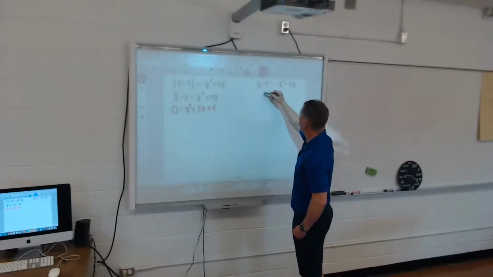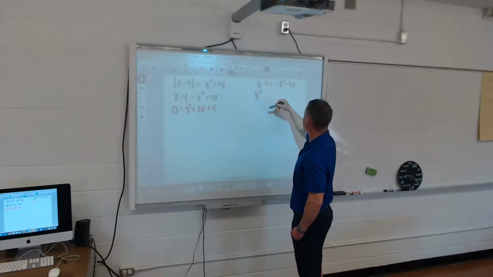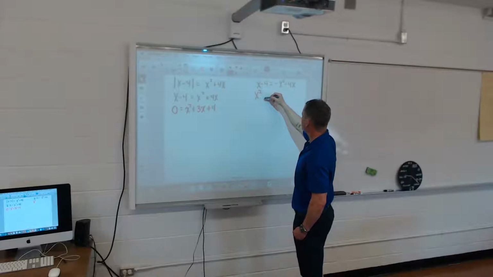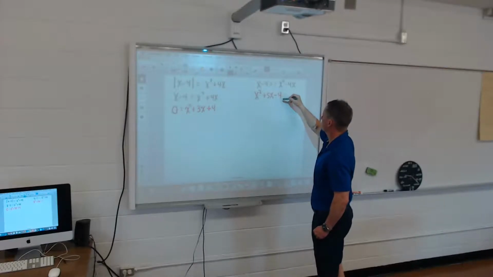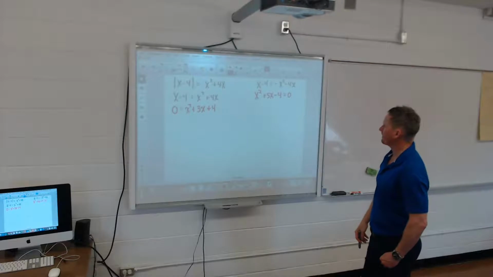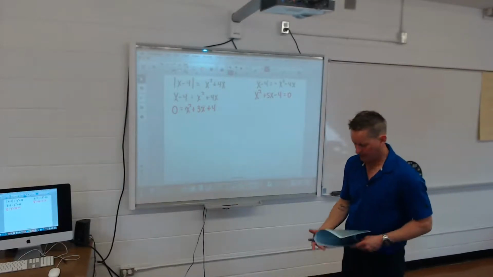And then up here, I'll move the x squared over. So I get x squared plus 5x minus 4 equals 0. Does that look right? Make sure I got those both right.